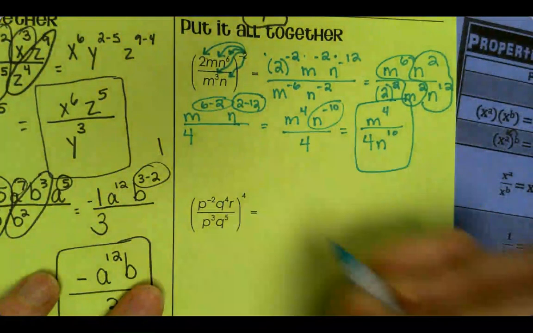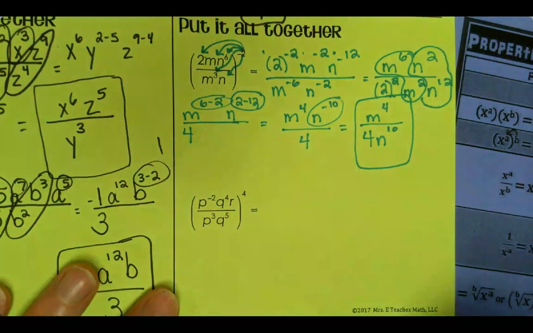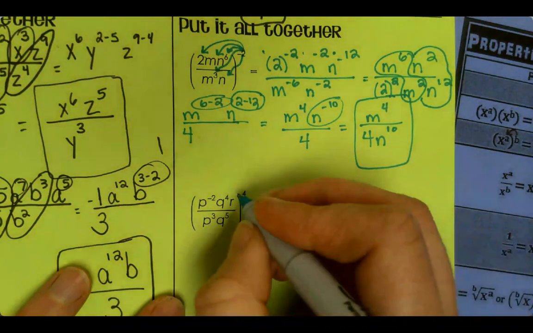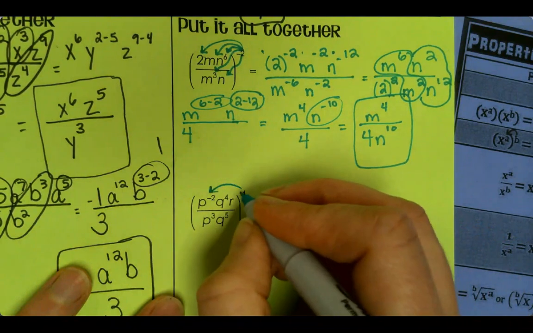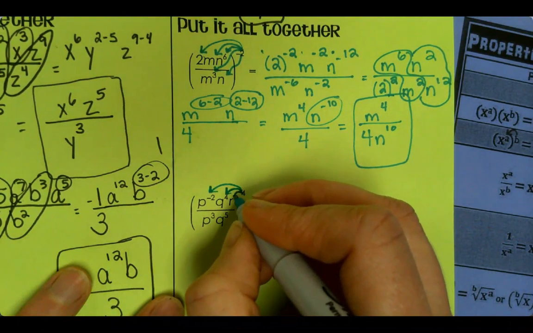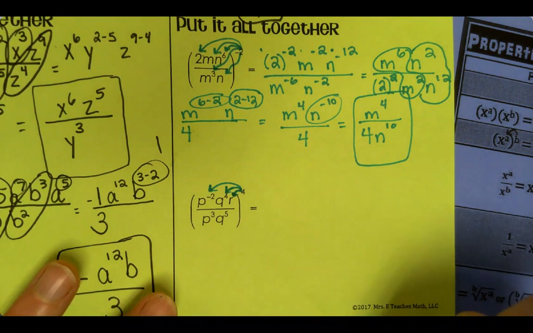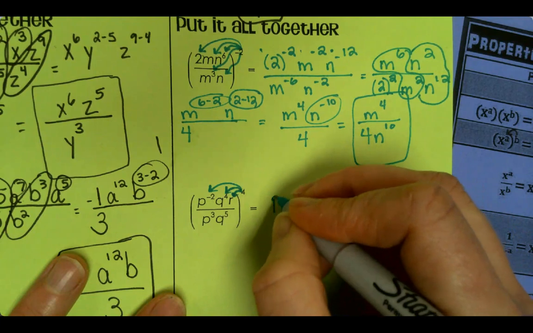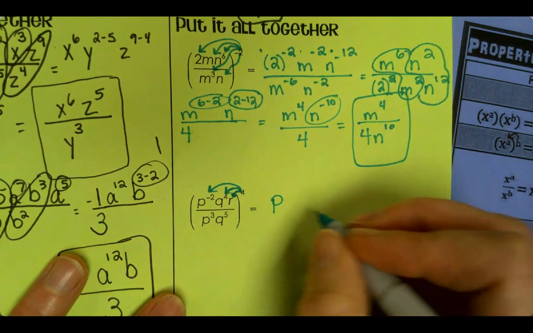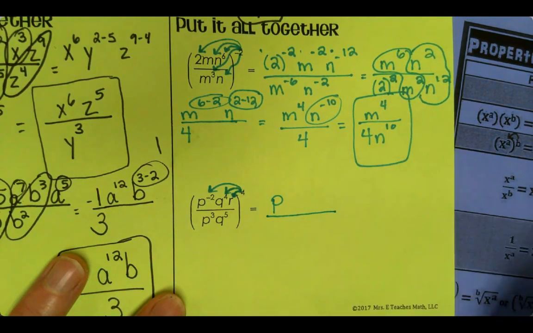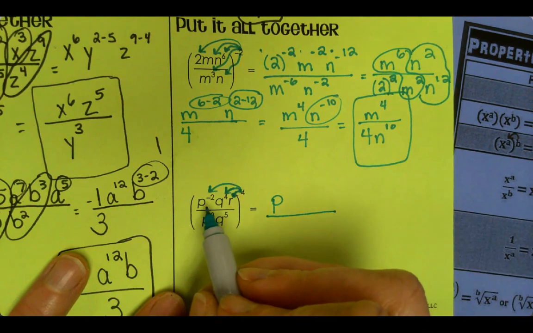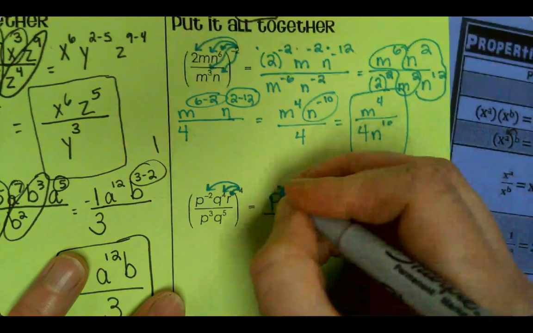All right, let's do this last example. We have a 4 on the outside. So we have to send it into everything and rewrite. Go ahead and do that. It's a Q. So we send it to everything on the top.